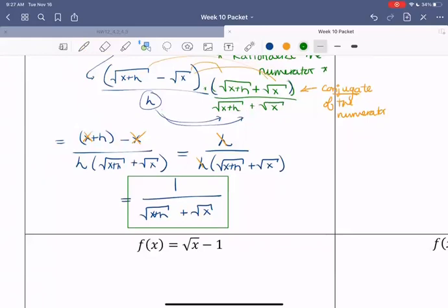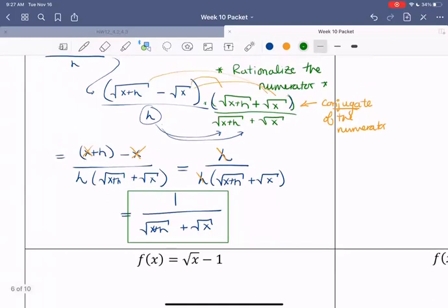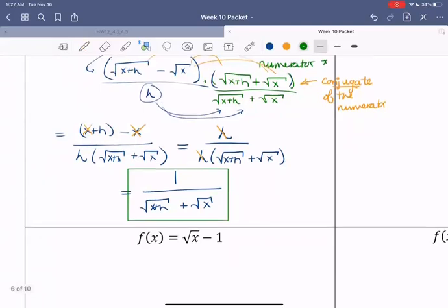quotient here. One thing I mentioned in a previous video is that often we know we're done when we have no denominator. Here we do have a denominator, but we can see that if we plug in 0, so if h was equal to 0, then it's okay, meaning I can plug in h equals 0.